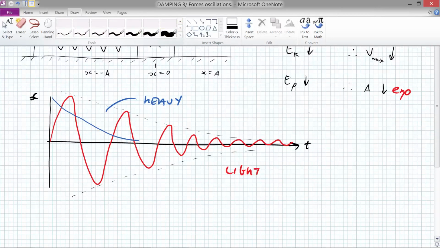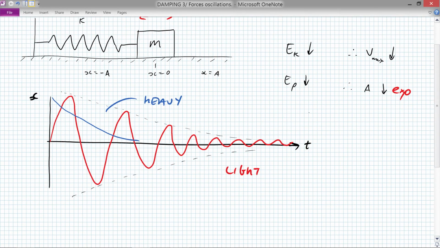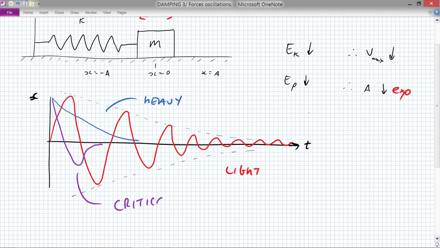And let's get another colour, purple. And finally there is critical damping, which does something like that. So critical damping is the most unique, if you like. This is critical. Sometimes called overdamping because of the fact it overshoots my equilibrium.